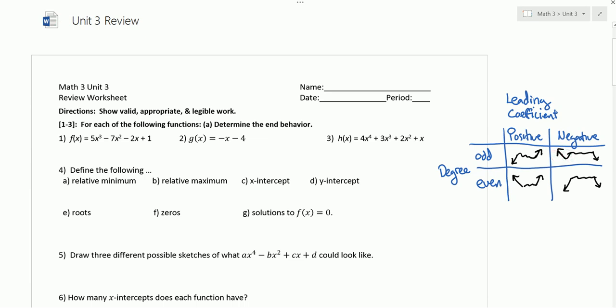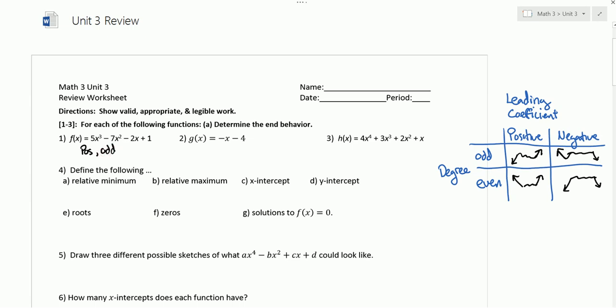And so let's take a look at number 1. Number 1, the leading coefficient is 5, which is positive. So we have a positive leading coefficient, and the highest power is 3, which is an odd degree.